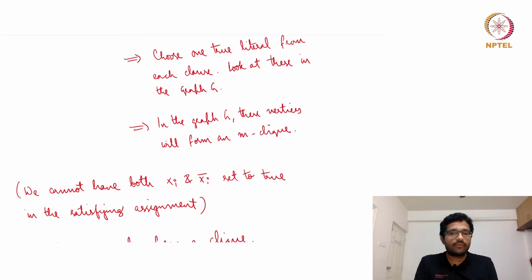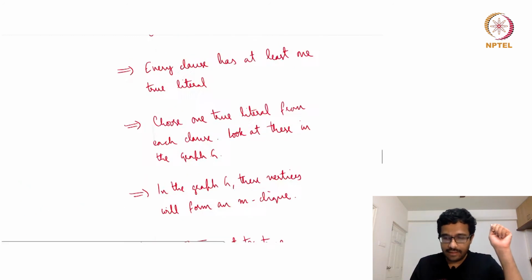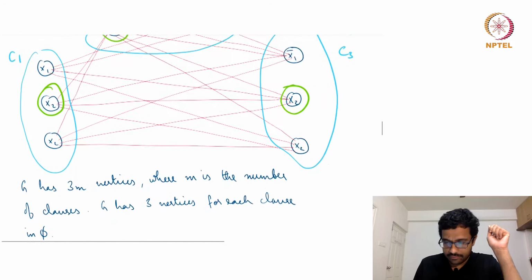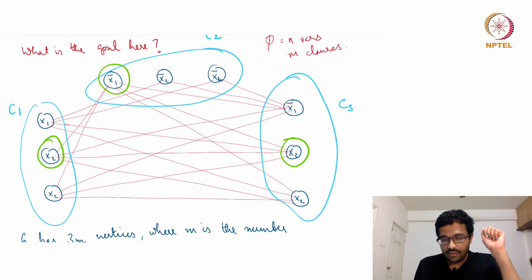Why? Because we started from the assignment and we picked one literal from each clause. So that automatically places the literals in each of these clauses, one in each clause. And second, these are the literals that were set to true.